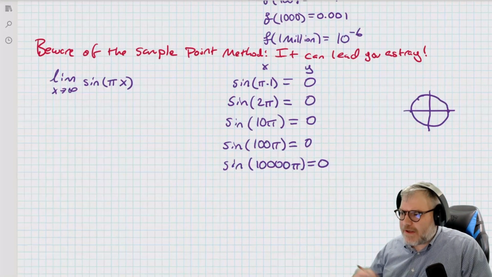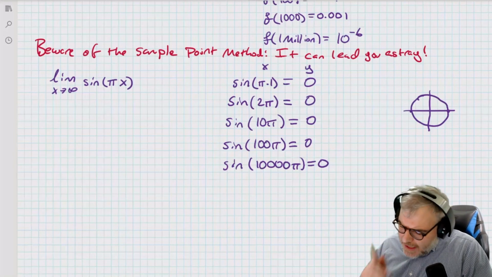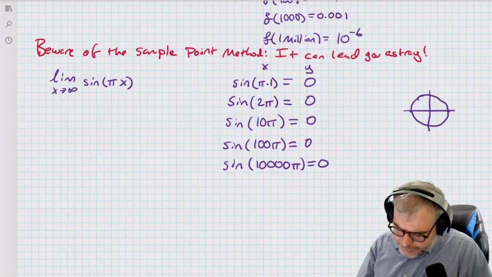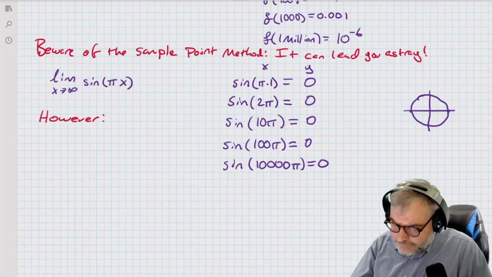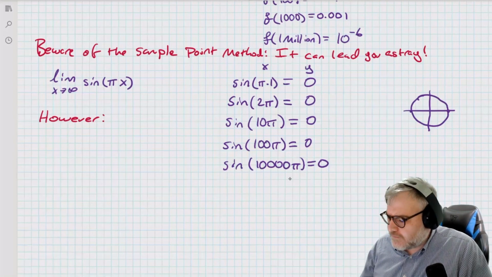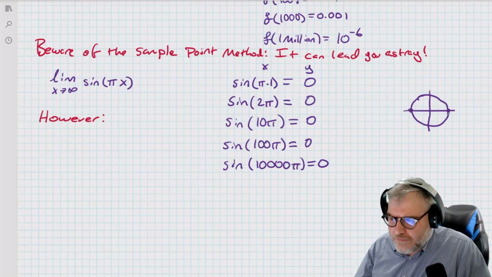Right, I plug in a bunch of numbers. Okay. However, remember this is the northiness, right? So what's the northiness of 1 pi? It's 0. What's the northiness of 2 pi? Well, I went around the circle all the way once.